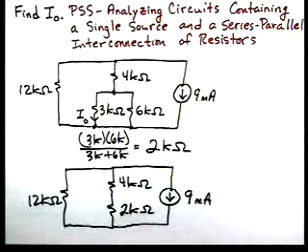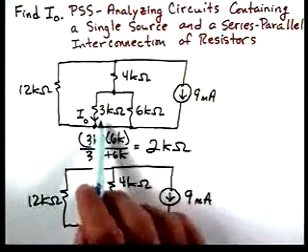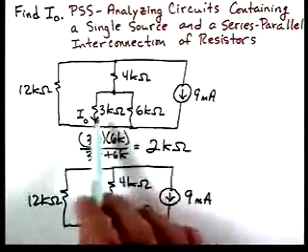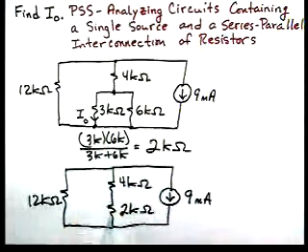Now I0 disappeared when we combine these two resistors, because I0 is a current flowing through the 3K, and when we combine those together to get a 2K, I0 no longer appears on this circuit.